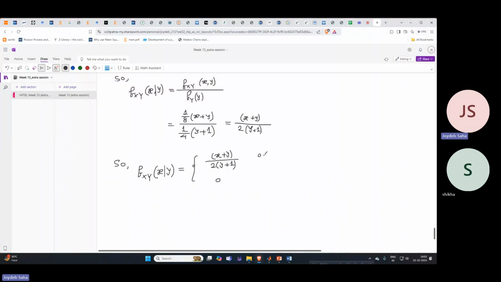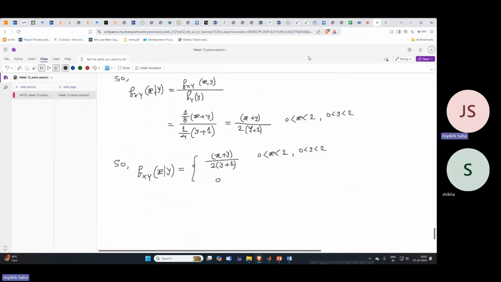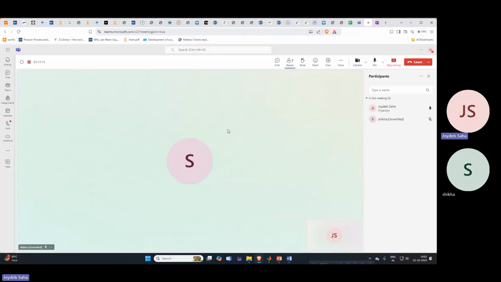This is for 0 less than x less than 2, and the same condition is for 0 less than y less than 2. Okay. So this is the final solution. So let us stop here.